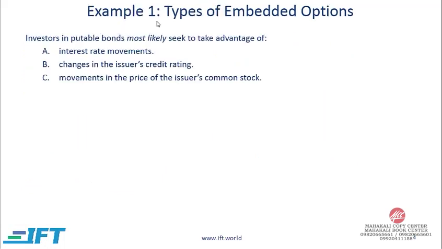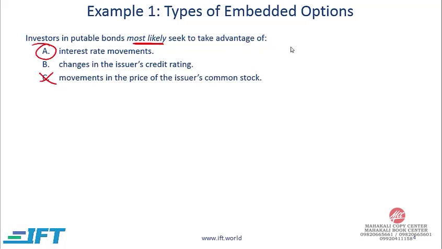Let us now do example 1. Investors in puttable bonds most likely seek to take advantage of, and I want you to try this first, movements in the price of the issuer's common stock. This is not true. This applies with convertible bonds. So it's either A or B, and I'll tell you that the correct answer is A. The idea is straightforward.